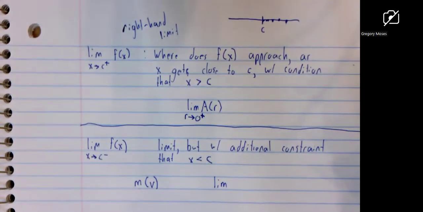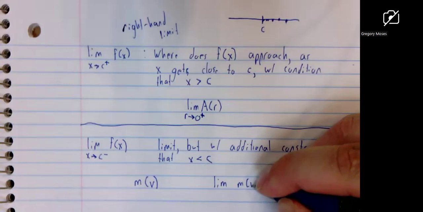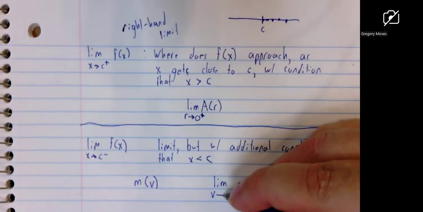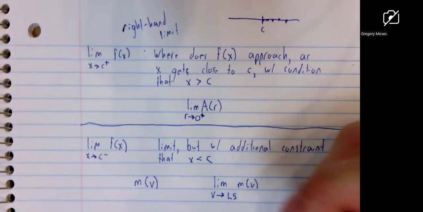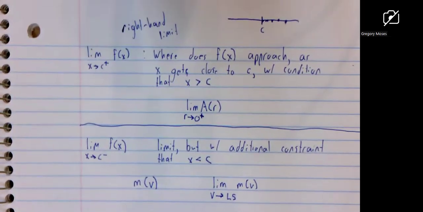And we can ask what happens to the mass function as the velocity function approaches light speed.